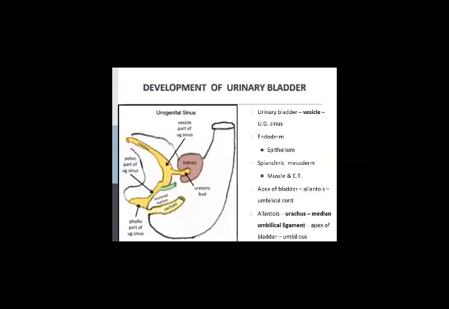Okay, now we just discussed that the urinary bladder developed from the vesical part of the urogenital sinus. The endoderm of the urogenital sinus, this is all on the inside, lined by endoderm. On the outside you have mesoderm, mesenchyme, whatever you want.